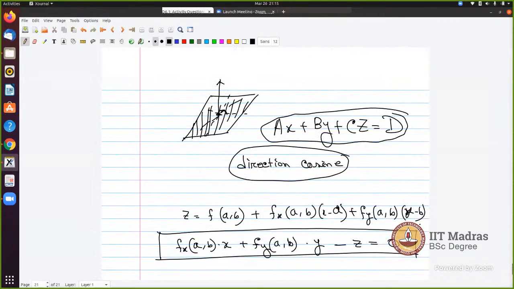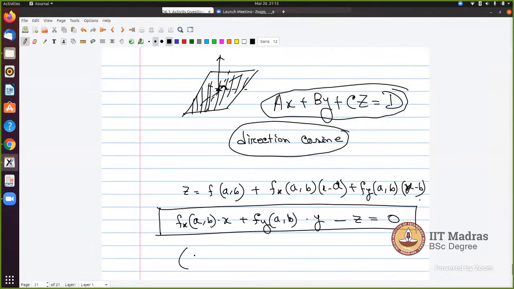And a gradient vector is of the form (fx(a,b), fy(a,b)). The third component is not given. So the gradient vector in 2D will have only two components, fx and fy. There will not be a third one. So this is your vector, right?